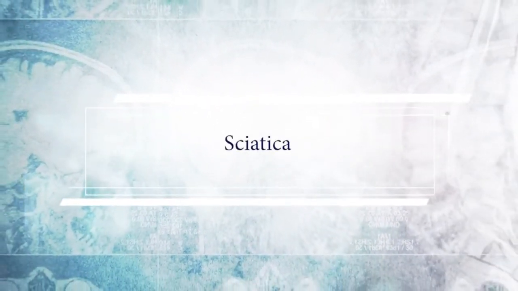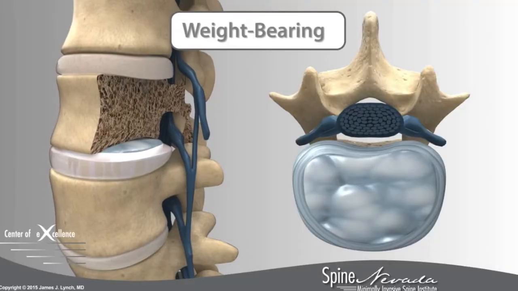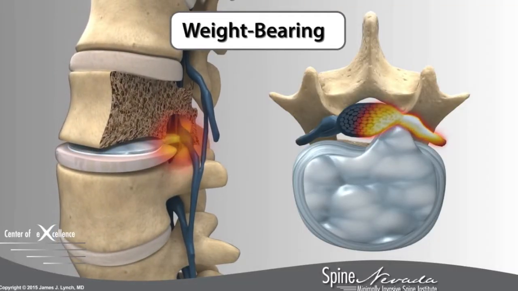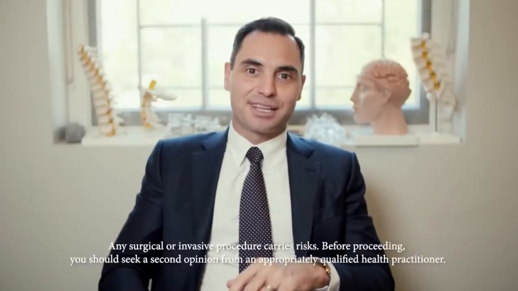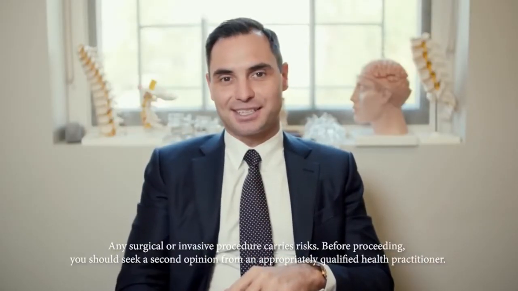Dr. David Omi here. I'm a neurosurgeon and spine surgeon based in Melbourne, and today I'm going to be talking about sciatica. So what is sciatica? Well, sciatica is referred pain in the leg that comes from pressure on a nerve in the spine. Now, the causes for sciatica can be multiple. Patients with sciatica typically describe a shooting pain or an electric shock-like pain which radiates down their leg.